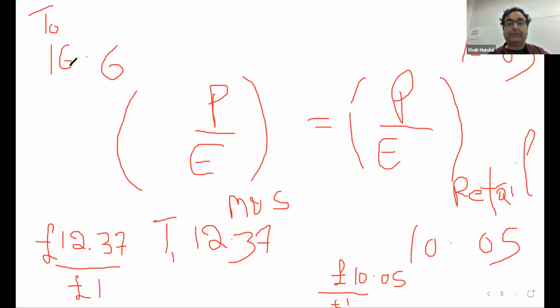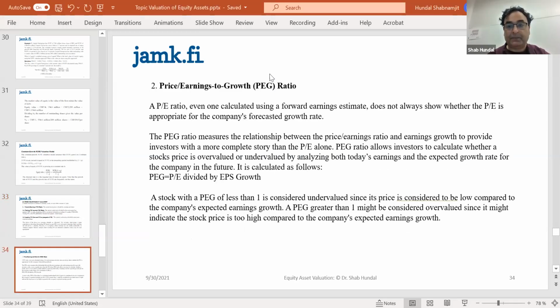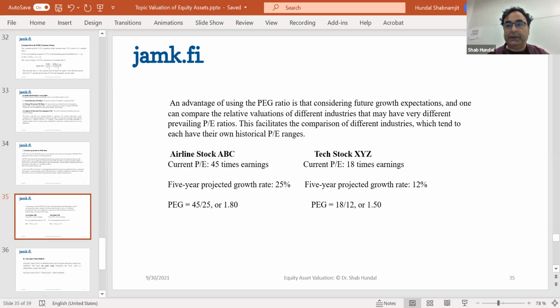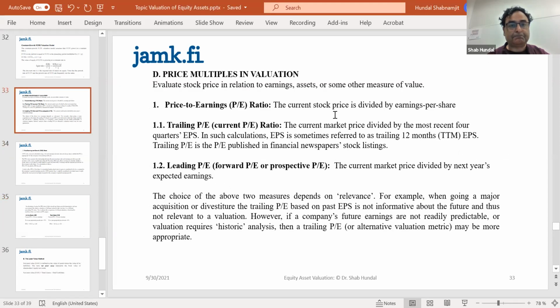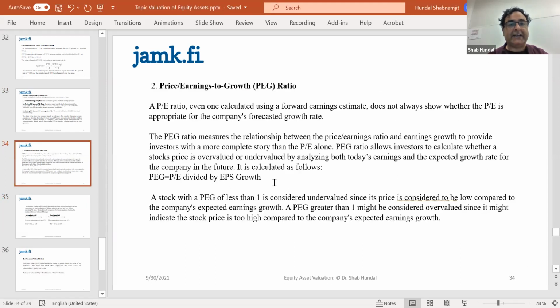So therefore, some researchers believe that just one P/E ratio is not sufficient. You need to compare it. And this is what they call the price to earning growth PEG ratio. It values the growth perspective.